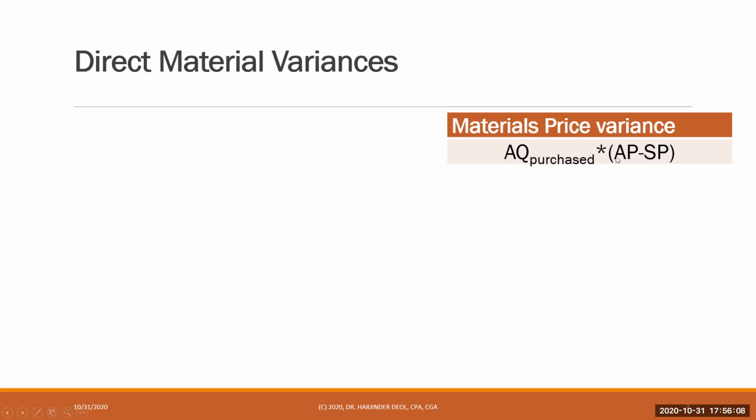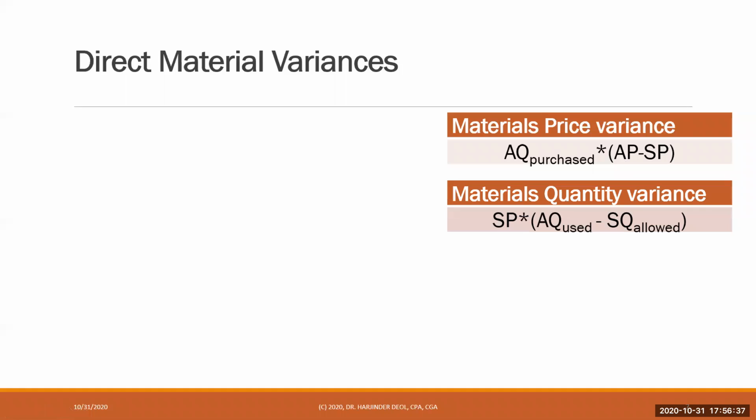That difference could be favorable or unfavorable depending on how the prices are. So if actual price paid is less than the standard price, the difference will result in an overall favorable variance. On the other hand, if the actual price paid for materials is more than the standard price, then the difference results in an unfavorable value.